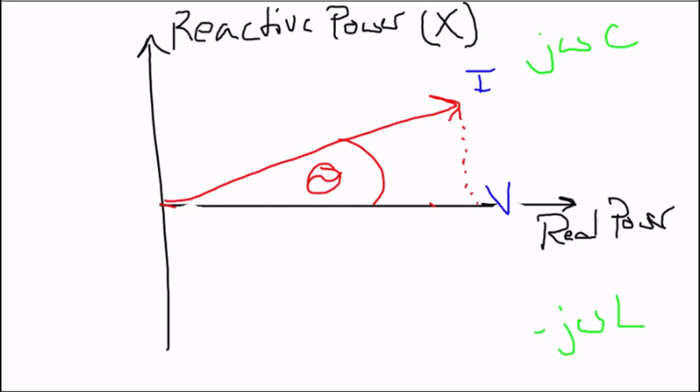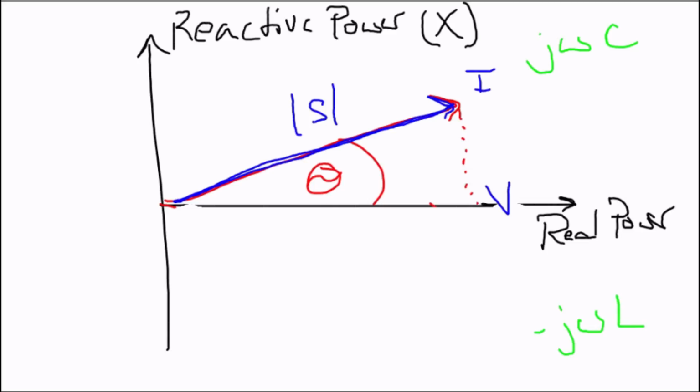But power factor is calculated by taking the magnitude of this. We'll call it S. Take the magnitude of that, we're talking about this right here. Notice you've got a right triangle here. So if you know your real power and you know your reactive power, you can find the magnitude of this vector here.